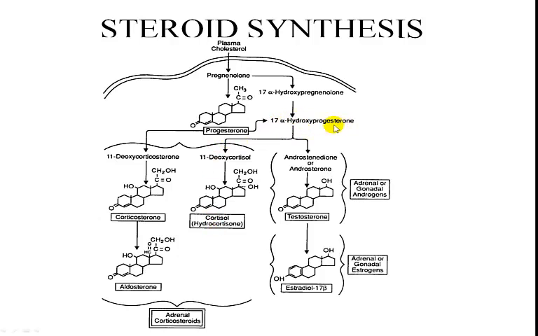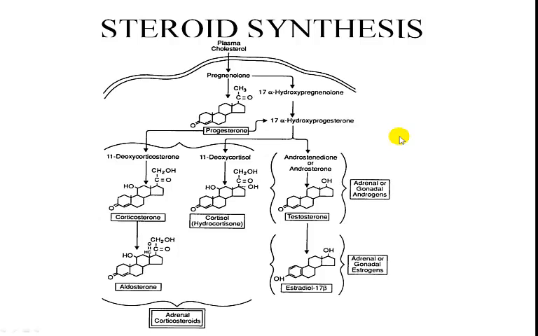And then, of course, the 17-alpha hydroxyprogesterone to the androstenedione, androsterone to testosterone, and you see the locations where these occur, of course, and then the 17-beta estradiol. So these enzymes for the synthesis at each of these arrows, and there probably are more arrows, but anyway, this represents some of the major steps.